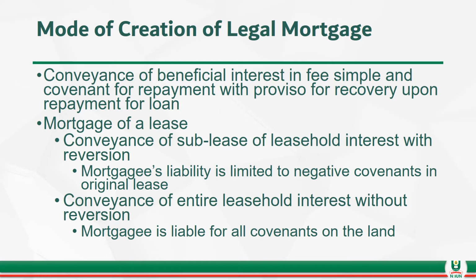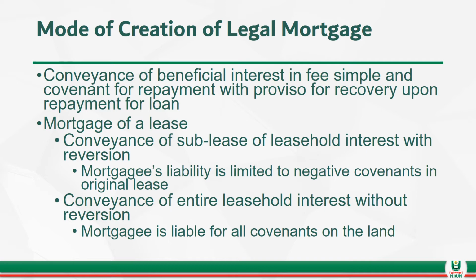Please note, I need to stress that again, that conveyance of a sublease with reversion means that the mortgagor leaves some time extra for himself. So upon the termination of the mortgage, he still remains the lessee for a while before he passes title to the lessor.